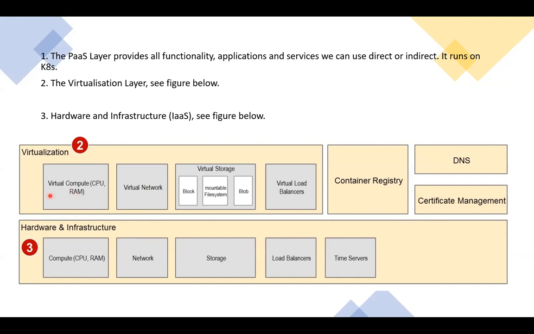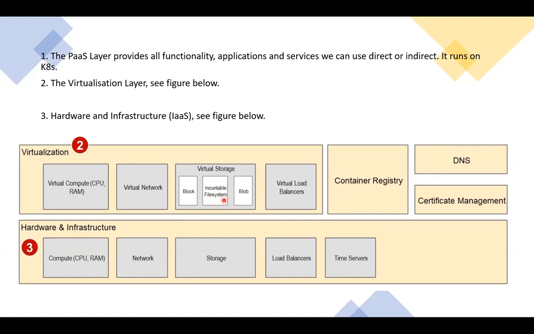So here the virtual computing, RAM, whatever the CPU, what kind of CPU it is, how many cores it has, and what size of RAM it has, etc. And the virtual network, what is the network it is being considered, and virtual storage, where it is block or blob or mountable file system or etc. So block means fixed storage.